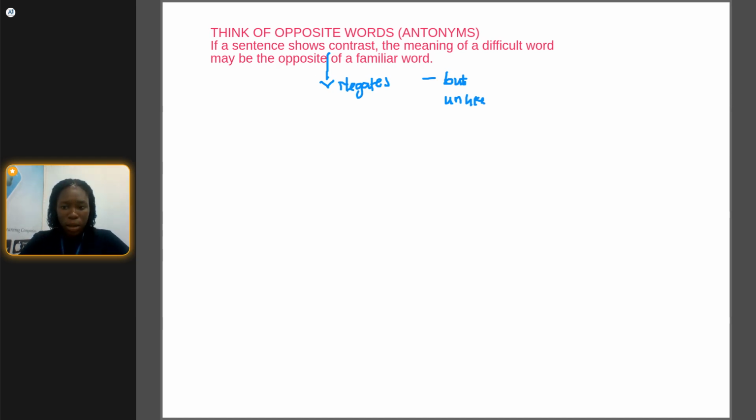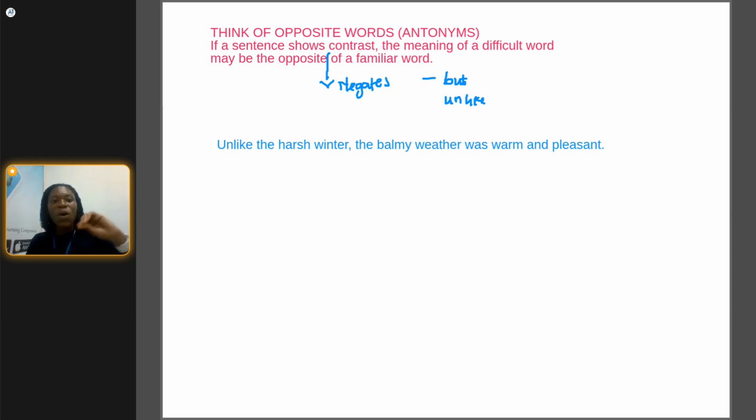Let's have that on the board. I'm having an example on the board right now, and we have a contrasting word, a word that negates, in the sentence. So, unlike the harsh weather, the balmy weather was warm and pleasant. The word we are dealing with right now is balmy.